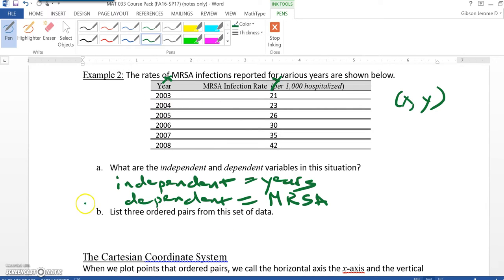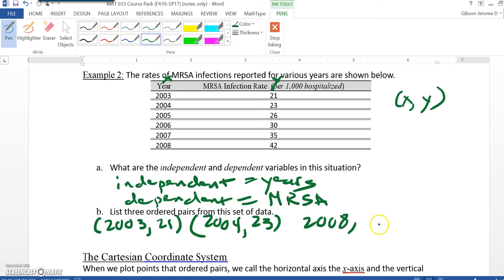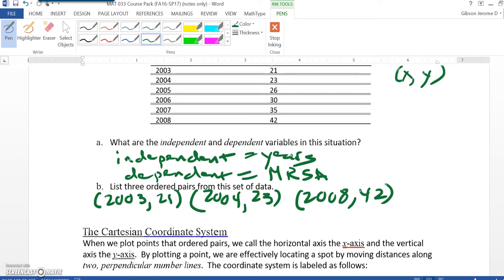So what we could do is this here. It doesn't matter which 3. We got 2003 and then 21. We got 2004 and then 23. And 2008 and also 42. And those are 3 ordered pairs.